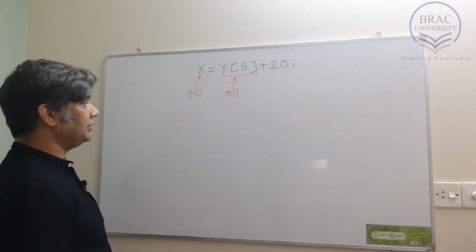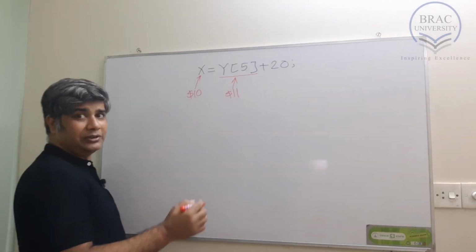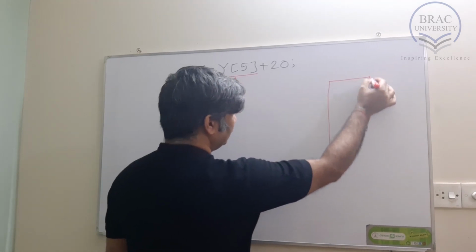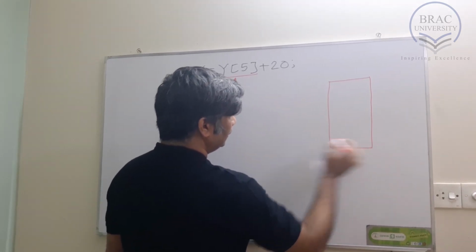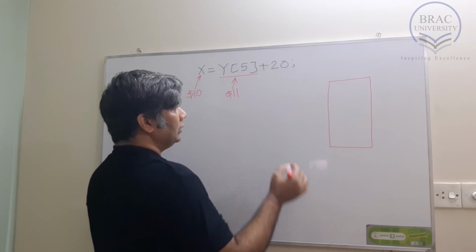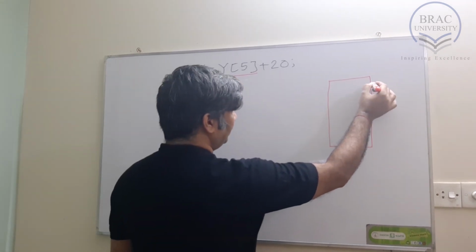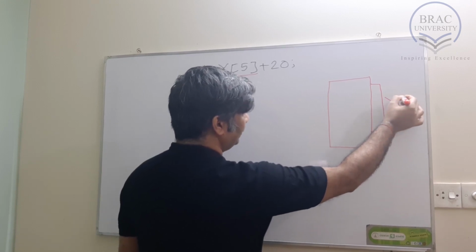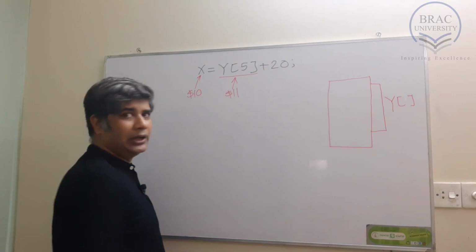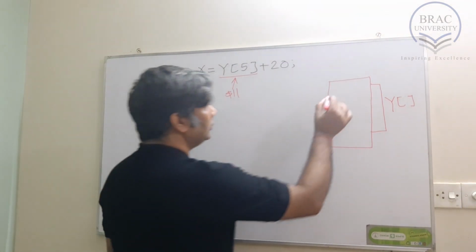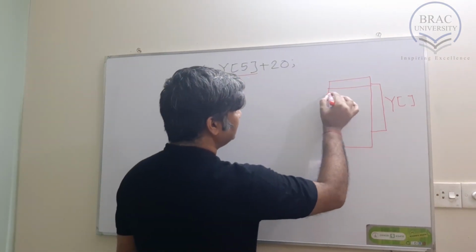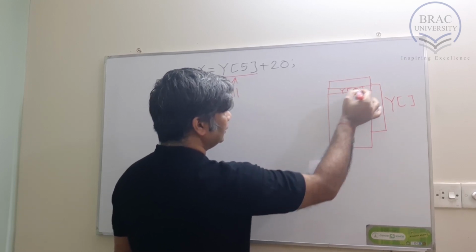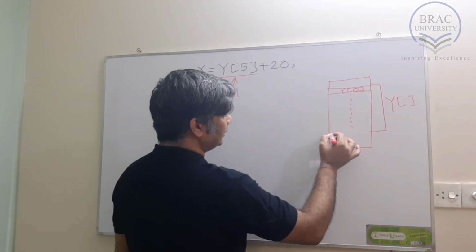Now, what is the base address? If this is our memory layout, now let's say from this position to this position is the place where memory stores array y. So, this is the address where y[0] is, and then the other array elements are there.